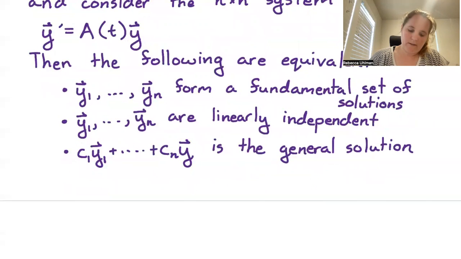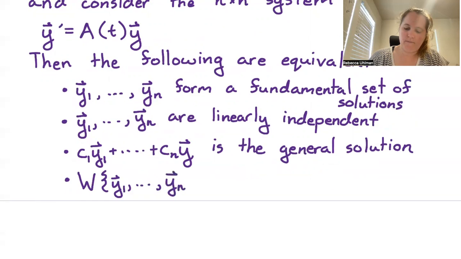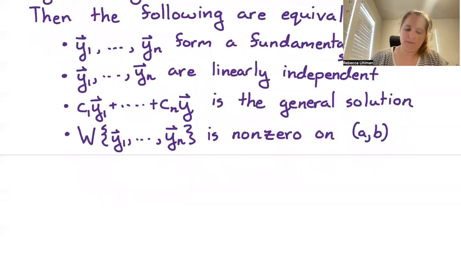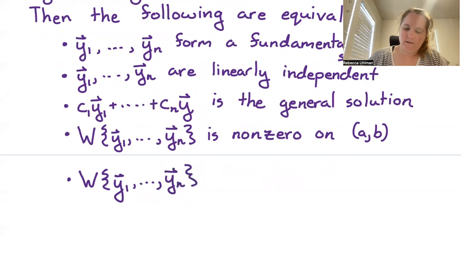Next up, the Wronskian of y1 through yn is non-zero on (a, b). And last up, the Wronskian of y1 through yn is non-zero for some value of t in (a, b).